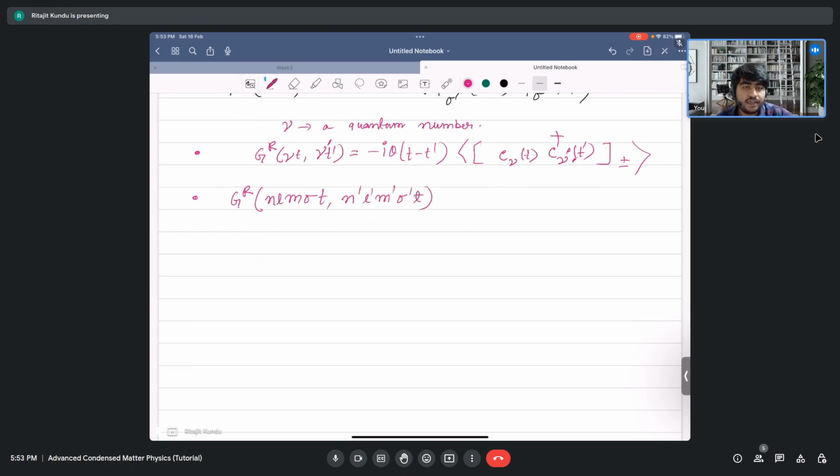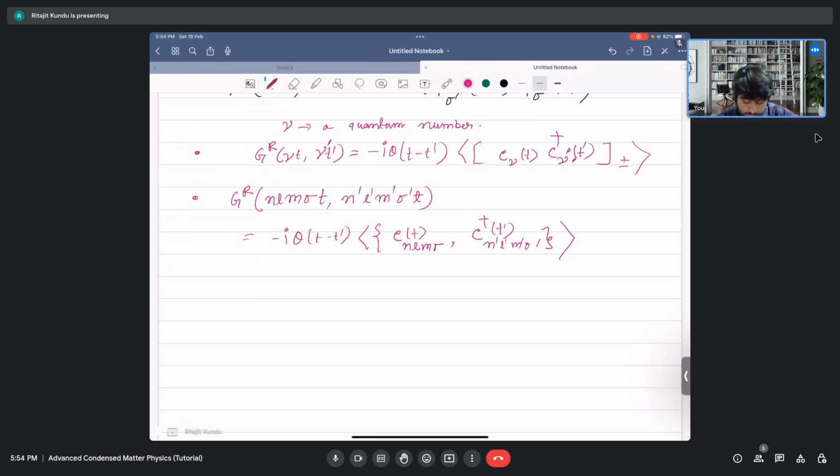Then I'll just directly write it like in the previous case, theta(t minus t prime), and because these are electrons, I have anti-commutation: c_{n l m sigma}(t), c dagger_{n prime l prime m prime sigma prime}(t prime). So this is the Green's function, if you like, for the hydrogen atom.